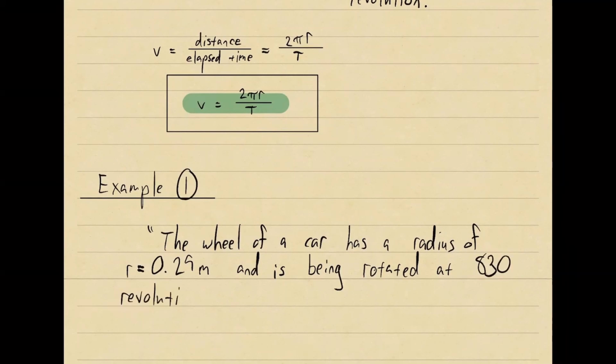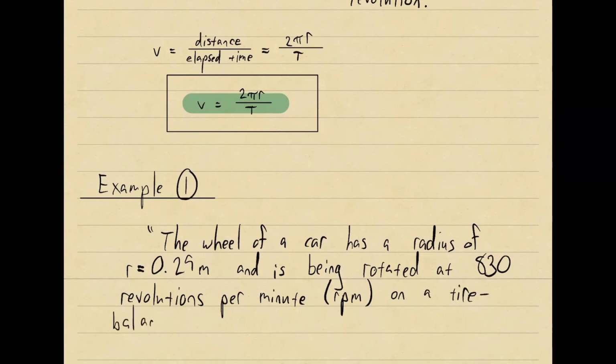Revolutions per minute, which we are going to abbreviate as RPM. So it's being rotated at 830 revolutions per minute on a tire balancing machine.